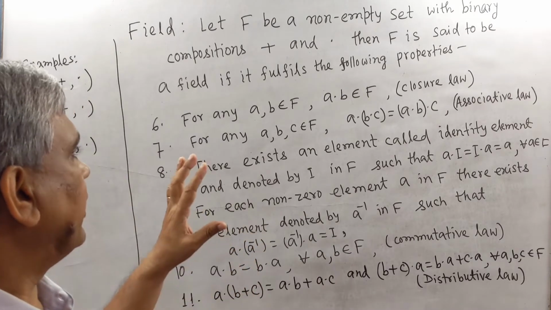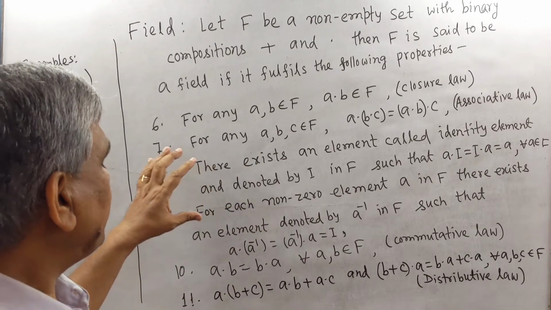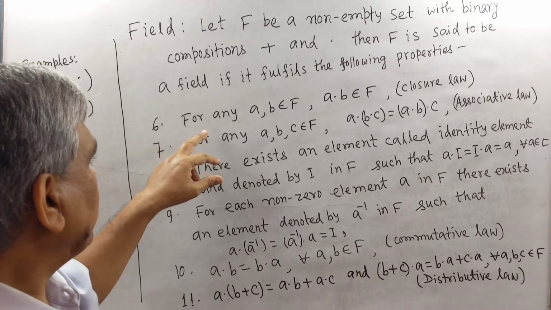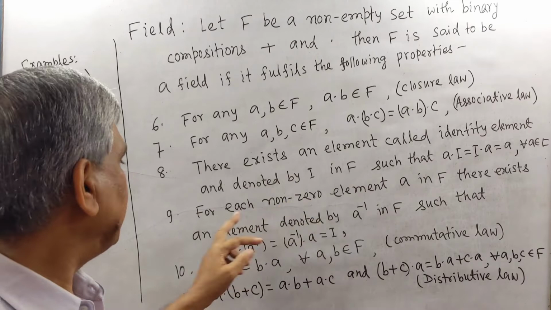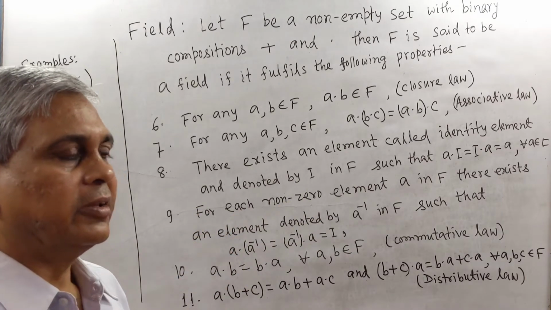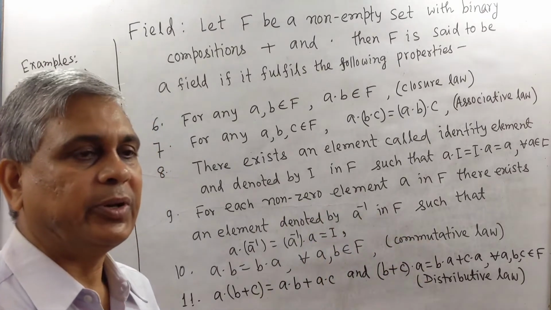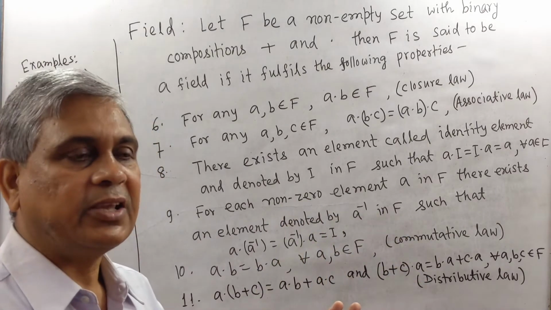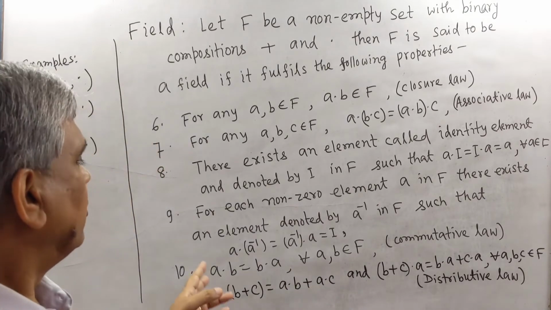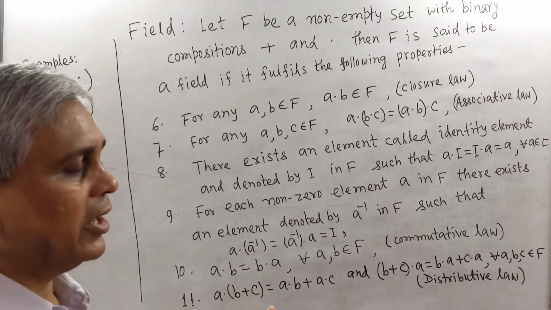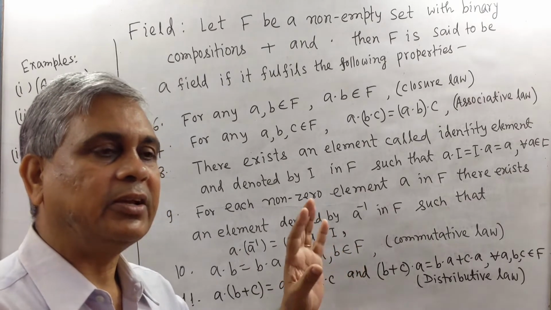Also, F fulfills the other properties: closure law, associative law, existence of identity. Only in number 9, all those non-zero elements of F possess a multiplicative inverse, not all elements. The commutative law for multiplication and the distributive law hold. Then F with addition and multiplication is a field.